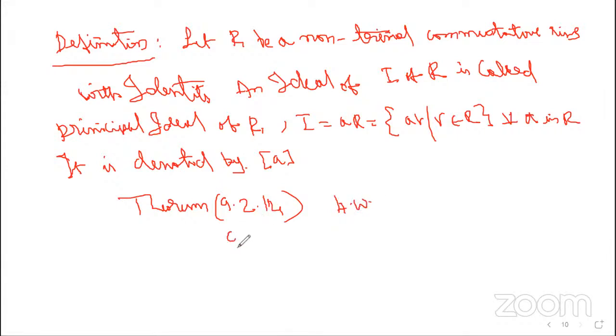Next, 9.2.15: prove that every field is a principal ideal ring. This is a short answer for 5 marks, and this is a long answer for 10 marks.